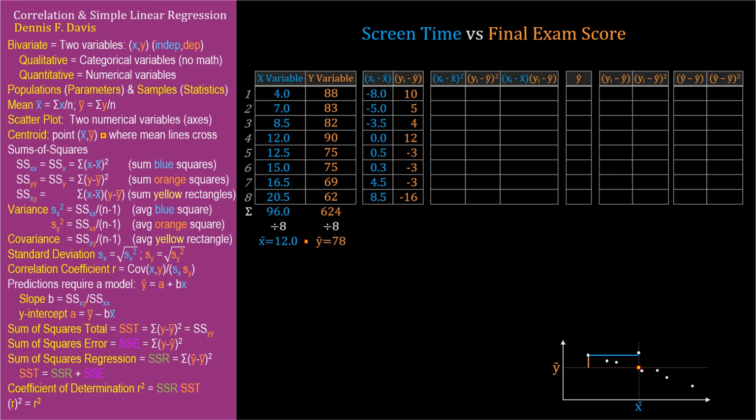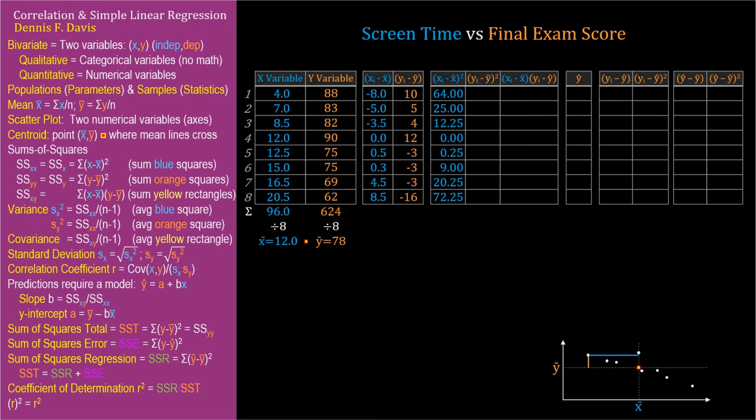In statistics, once we find the difference between two numbers, we almost always square it, because we're going to need the sums of squares. For the first point, we square x minus x bar, which is negative 8 hours. Negative 8 hours squared is 64 hours squared, so 64 here, and we square all the other x minus x bar values.